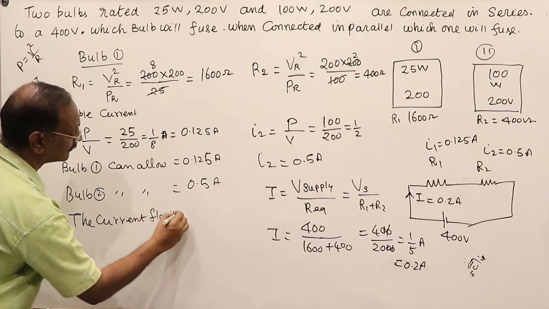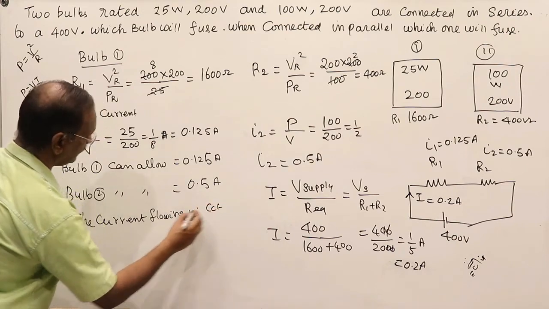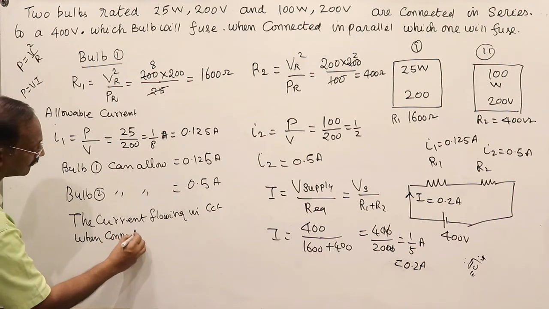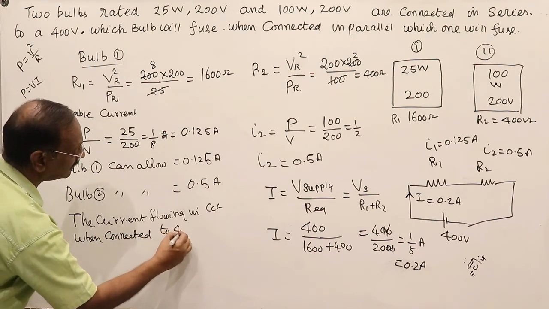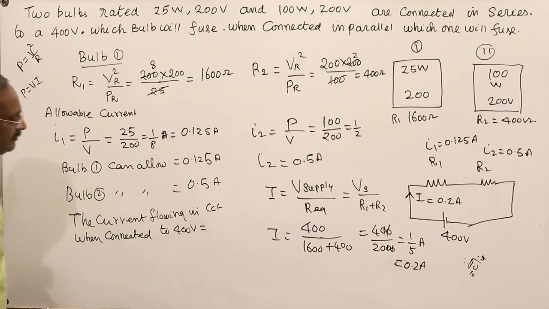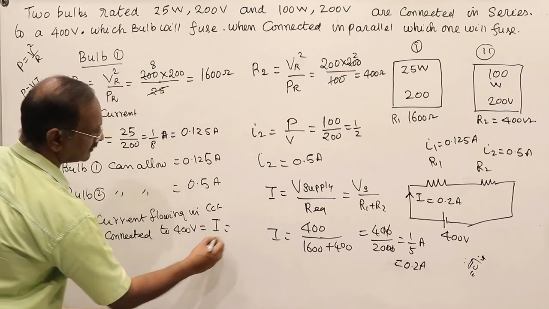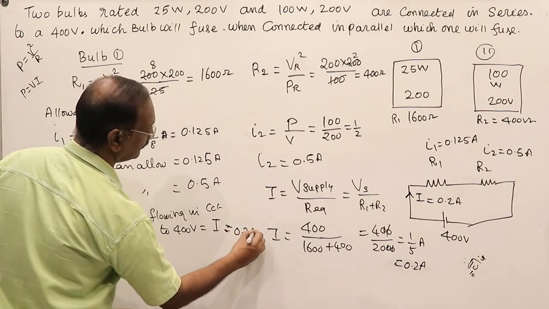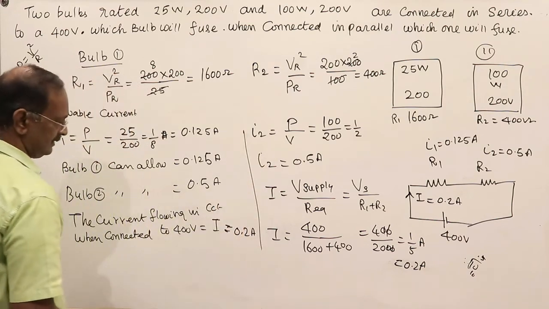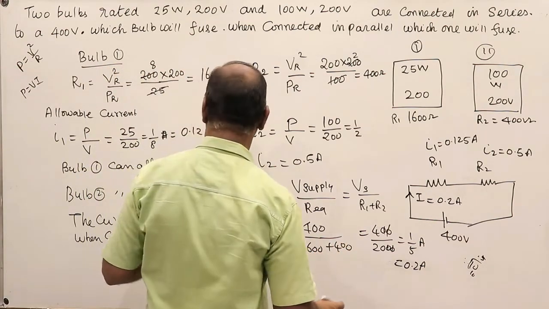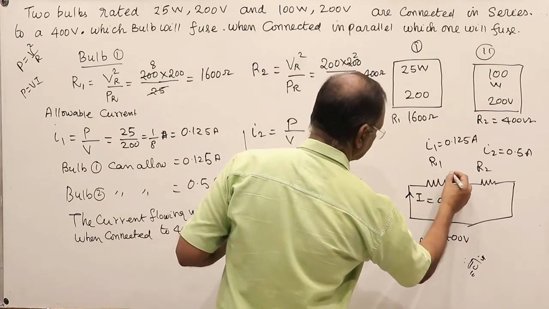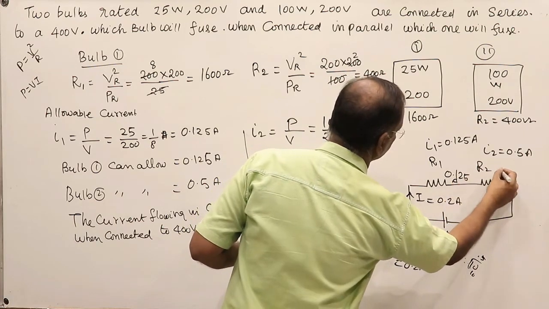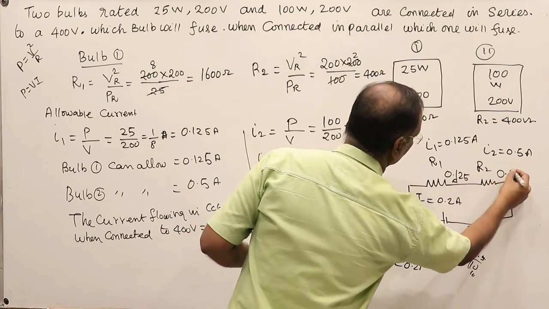The current flowing in the circuit when connected to 400 volt is I, which is 0.2 ampere. The current flowing is 0.2 ampere, and bulb 1 can withstand 0.125 ampere, while bulb 2 can withstand 0.5 ampere.